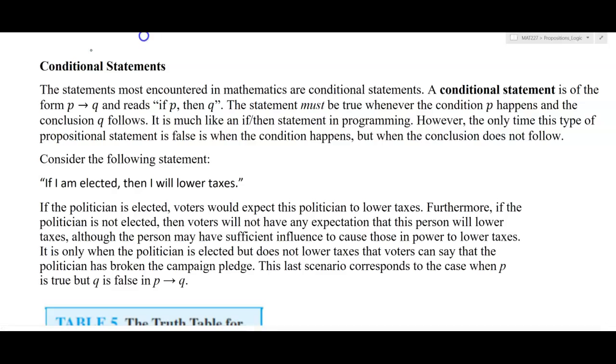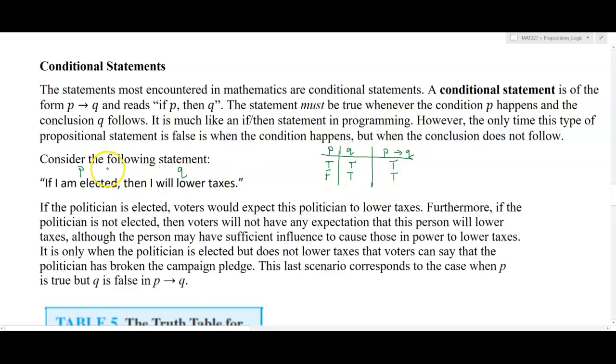So if we think about this statement right here as P, and we think about this as Q, and we look at when we would expect P implies Q, or if P then Q, to be true. So if the condition happens, he's elected, and he does lower taxes, then he has told the truth. But if he is not elected, he still lowers the taxes. The statement itself is still a true statement.